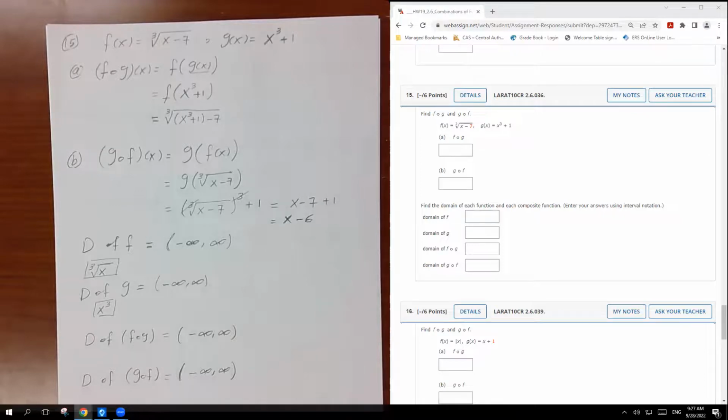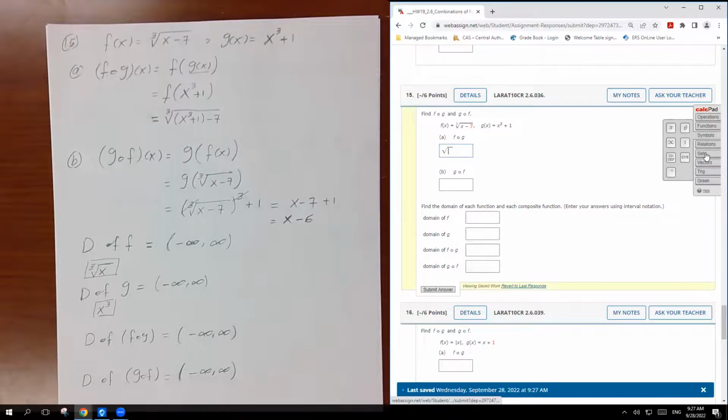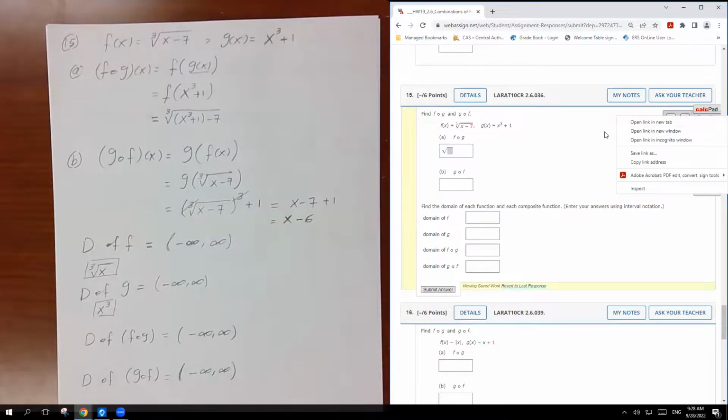So we're just going to type here. First of all, I'm going to type the cubic root. Let's check how we're going to write down the cubic root.